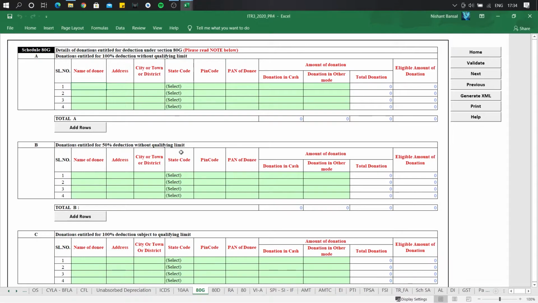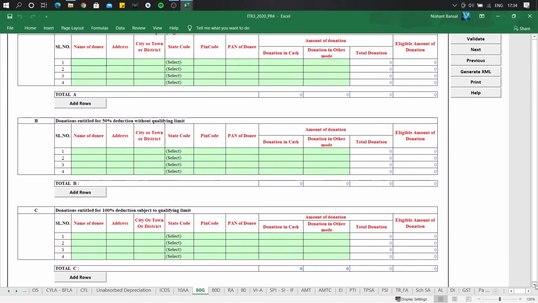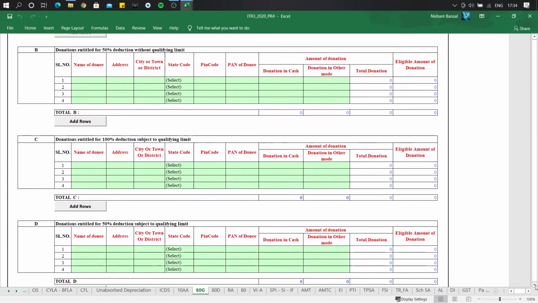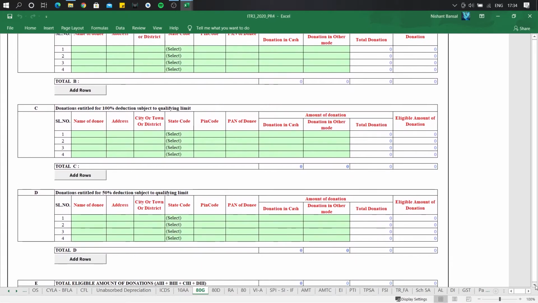Then we have donations entitled for 50% deduction without qualifying limit. Then donations entitled for 100% deduction subject to a qualifying limit, and donations entitled for 50% deduction subject to qualifying limit. So we have to study first which head the donation to PMNRF would come under.